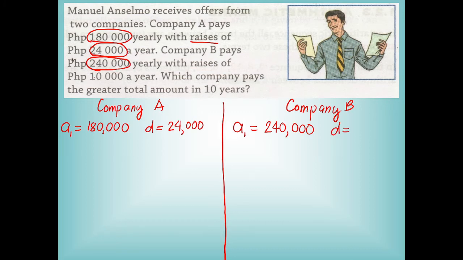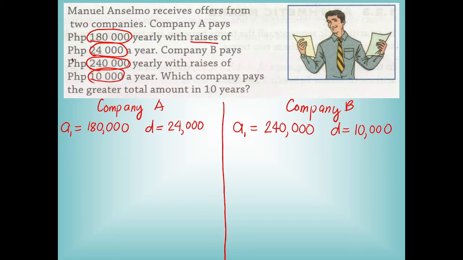10,000. Okay. Now, obviously, kung ikaw ang employee and ikaw ang i-hire, you will be enticed, matintal ka sa 240,000 nga starting salary. At that very moment, you will be earning 240 per year.